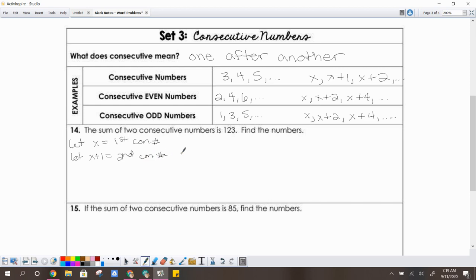Okay, so now we're saying that when we add these together, we get 123. So x plus x plus 1 equals 123. And then you just solve.